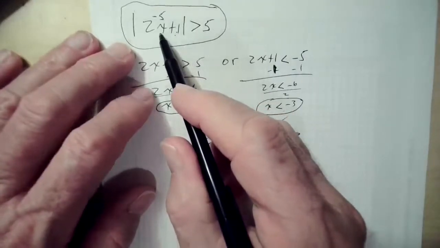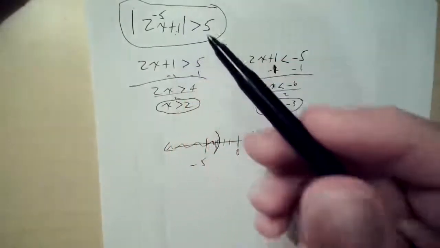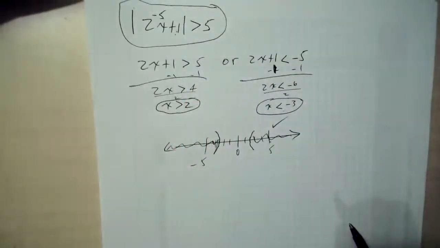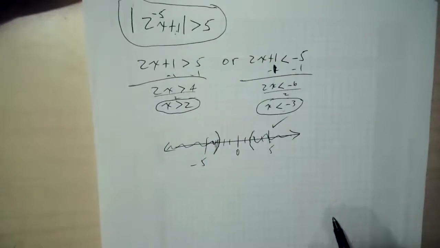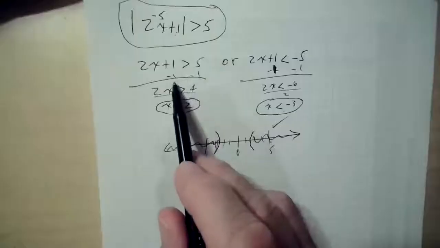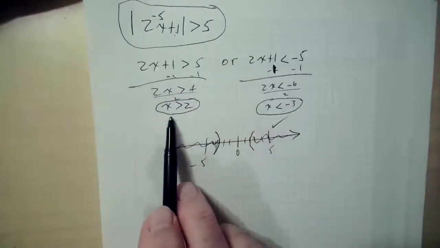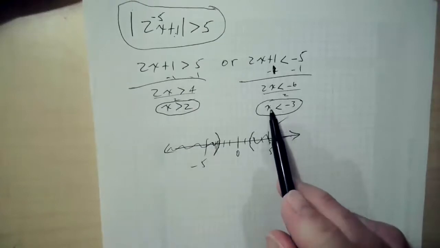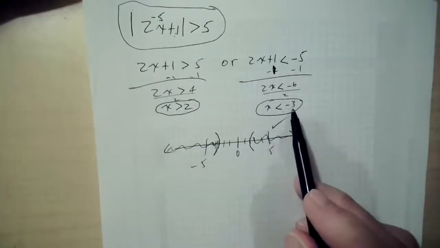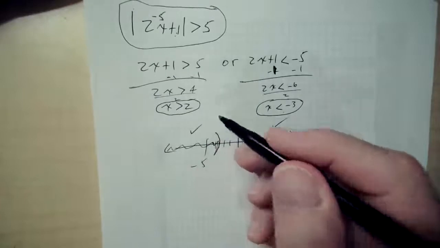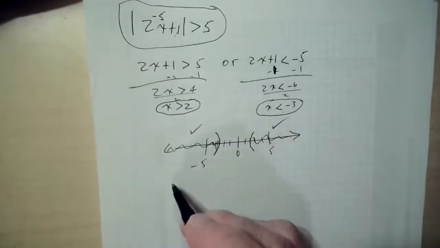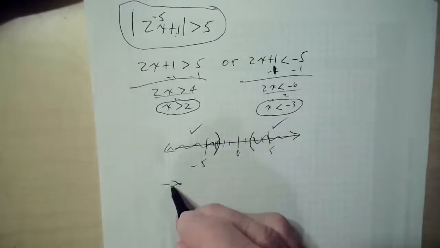Is that right? -10 plus 1 is -9. So we plug it back in here. Is -9 less than -3? Yes. So what would this be?